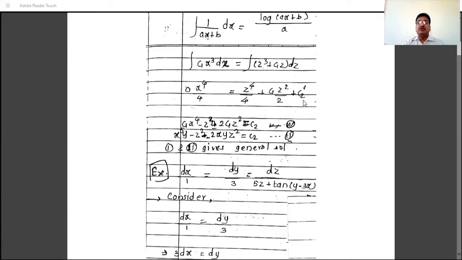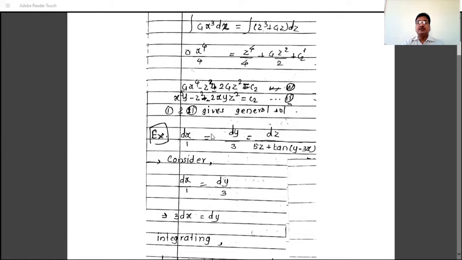And add the constant of integration, suppose c2 dash, and then multiply by 4 throughout. Therefore we have c1 x raised to 4 is equal to z raised to 4 minus 2 c1 z squared, plus 4 into c2 dash, and suppose 4 into c2 dash is c2. Therefore this is the second solution.